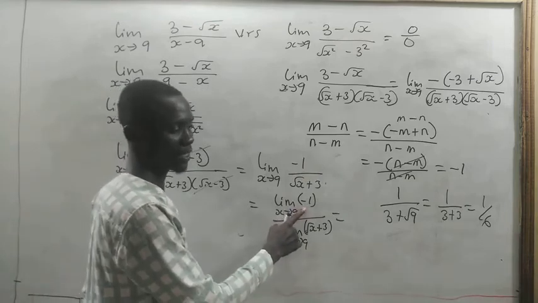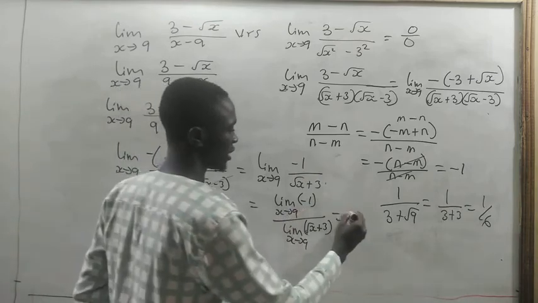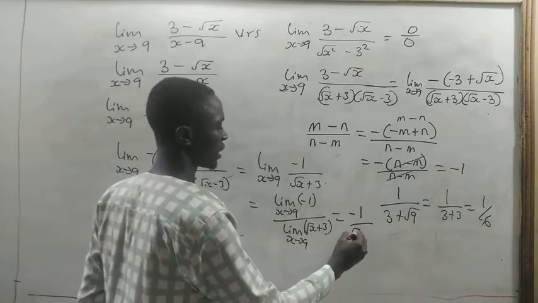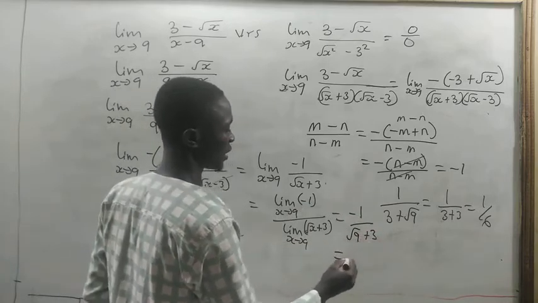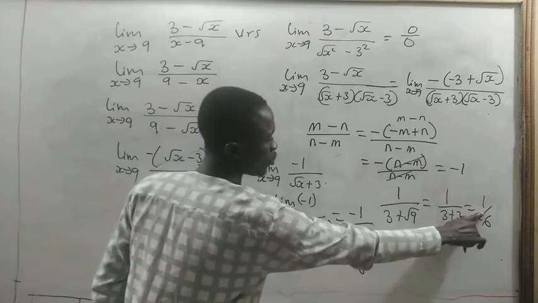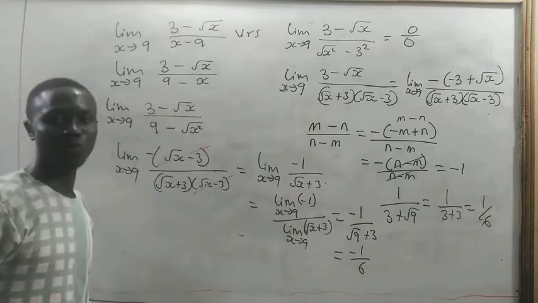So here the limit of a constant is a constant. So you are going to get -1 divided by, if you put in 9, root 9 plus 3. That will give us -1 divided by 6. That is opposite to the second one.